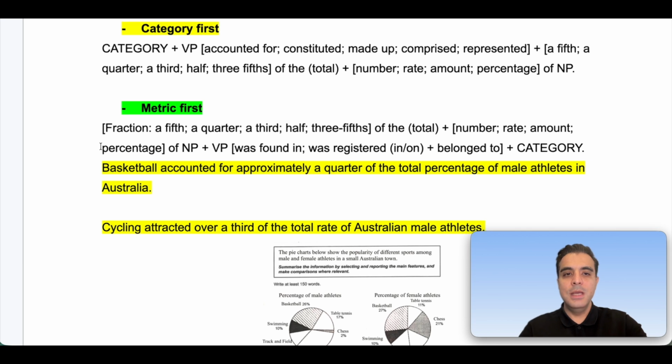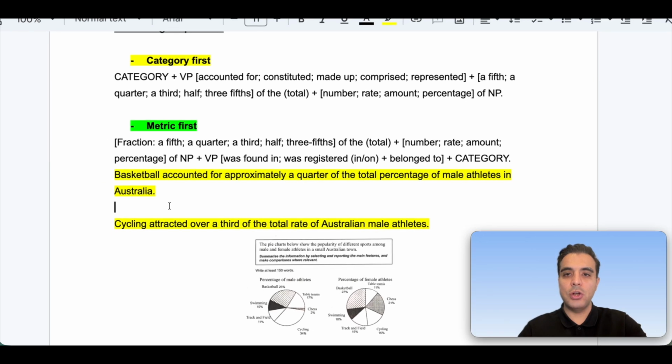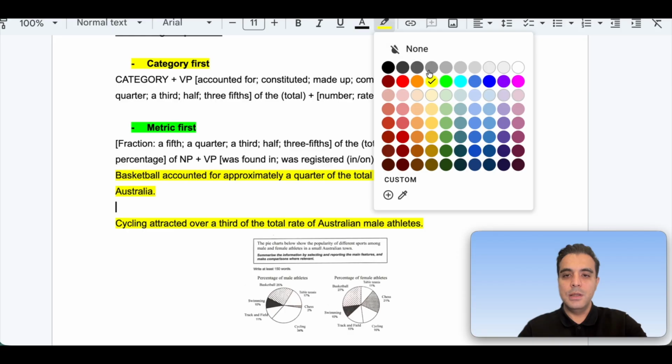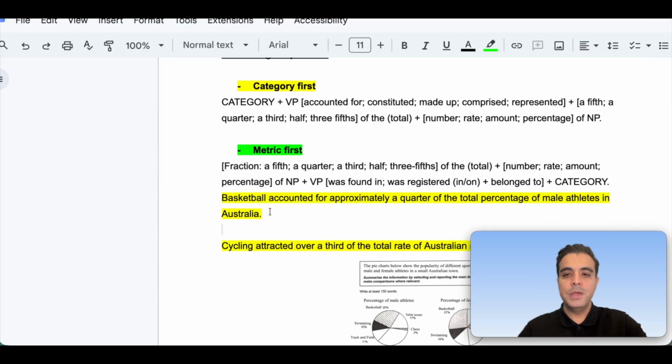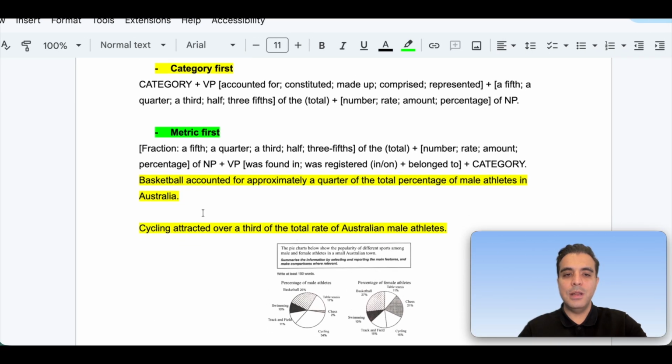So previously, with the category first structure, we had basketball accounted for approximately a quarter of the total percentage of male athletes in Australia. This time, using the metric first structure, and again, I'll use the color green here, we are going to say something like this. We're going to say a fraction.